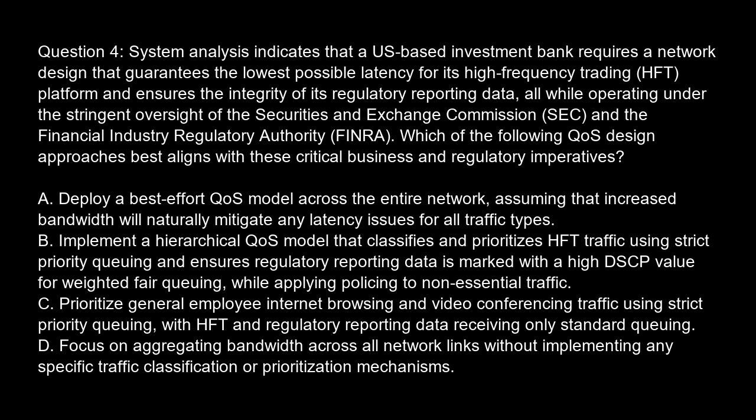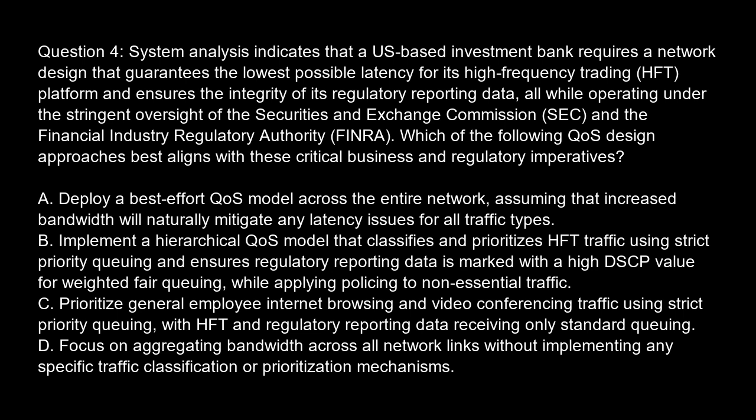Option A. Deploy a best-effort CoS model across the entire network, assuming that increased bandwidth will naturally mitigate any latency issues for all traffic types. Option B. Implement a hierarchical CoS model that classifies and prioritizes HFT traffic using strict priority queuing and ensures regulatory reporting data is marked with a high DSCP value for weighted fair queuing, while applying policing to non-essential traffic.